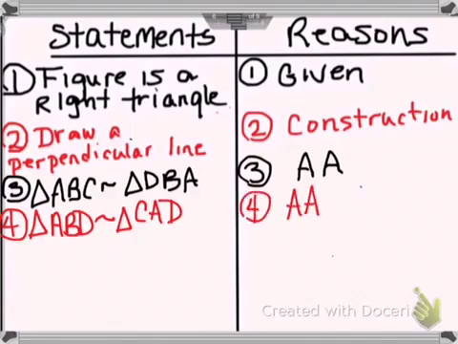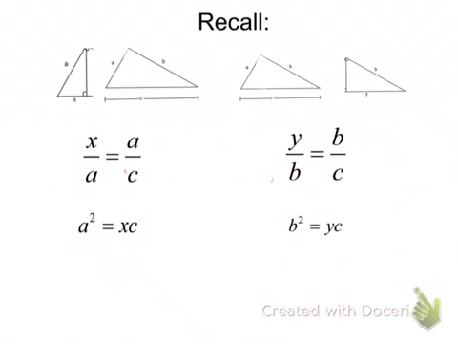So now I know that my triangles are similar in the picture. Now we're going to use what we know about similar triangles. If we compare the small triangle and the large triangle, let's make a comparison of the short legs. In the small triangle, the short leg would be X, and in the large triangle, the shortest leg would be A. So I compared X over A. That's my ratio.